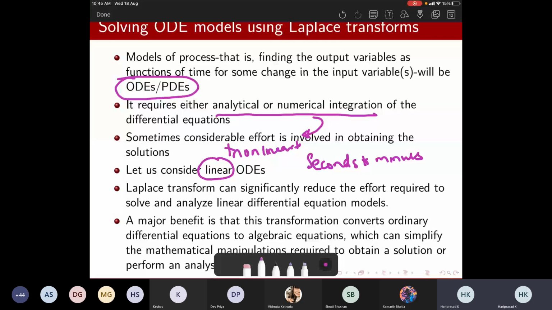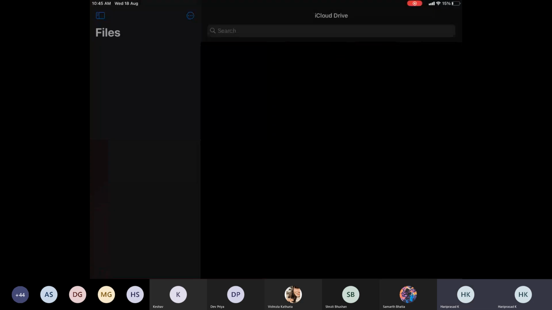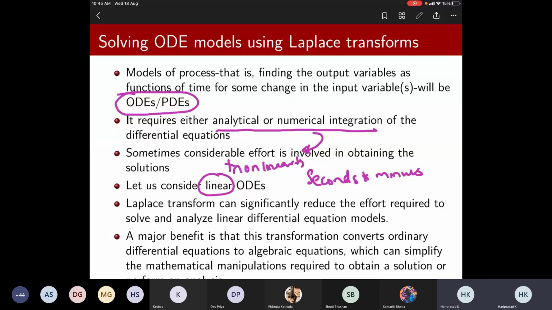Assuming that everything is linear, the funniest aspect is that even though your ODE is linear, the dynamics is non-linear. Are you getting what I am trying to say? Give me a minute. The ODE that we have seen was a linear ODE, tau into dy by dt, and so on.